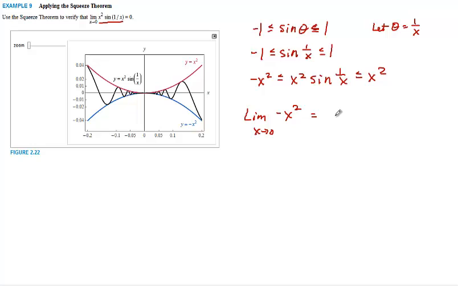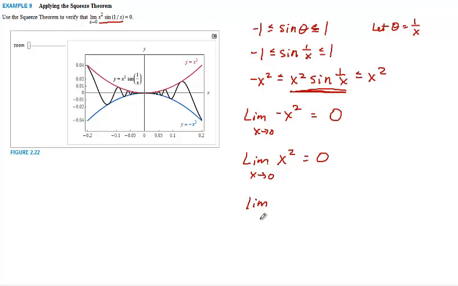That's a polynomial. I can plug that in. That limit equals 0. And let's say I look at x squared. I can plug that in because that is also a polynomial. There we go. That must mean that this function that is entirely in the middle, its limit is also 0.